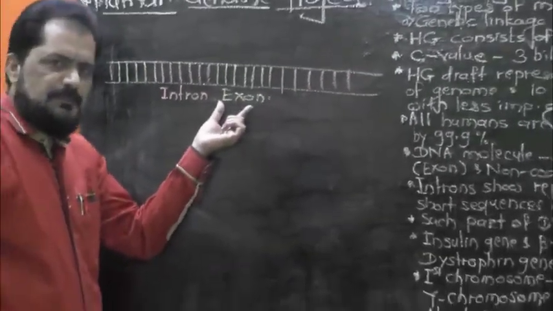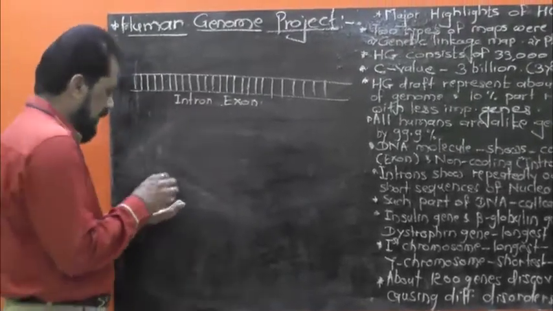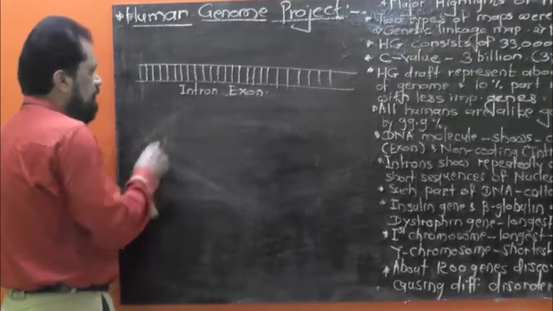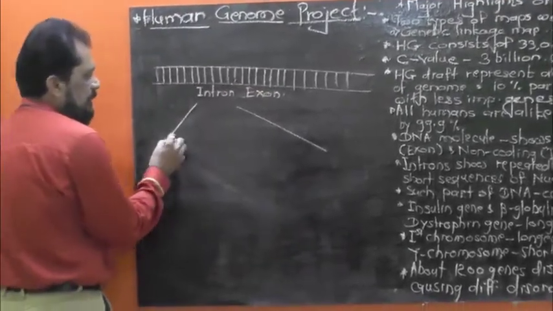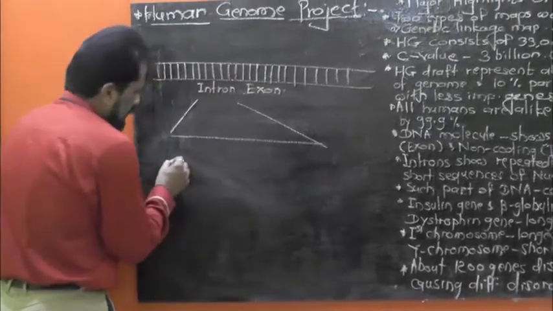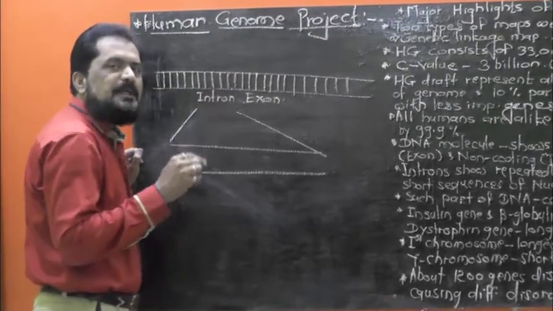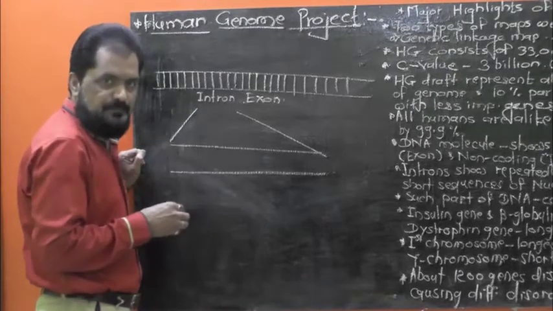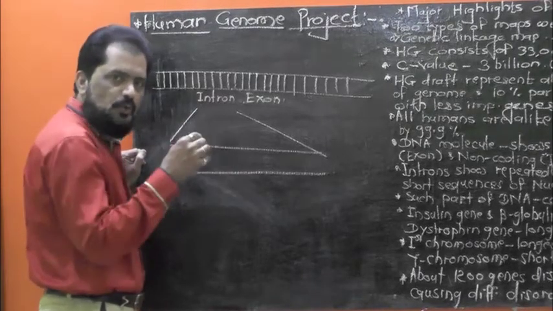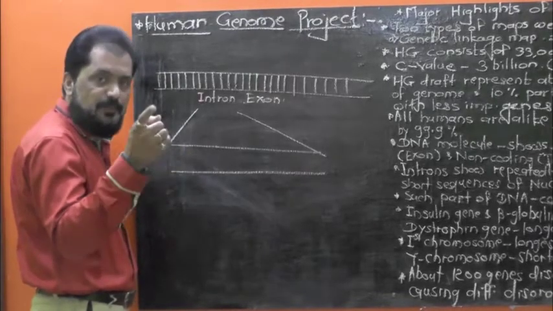I already told you that exons are coding sequences, and introns non-coding. Suppose this is one intron. Intron shows repeatedly occurring short sequences of nucleotides. A single intron shows repeatedly occurring short sequences of nucleotides.